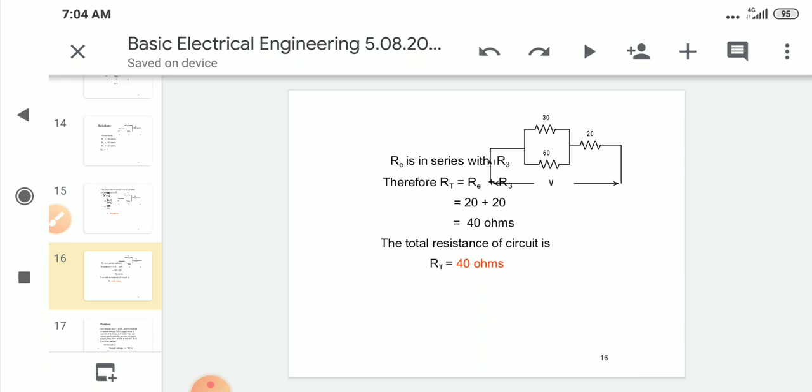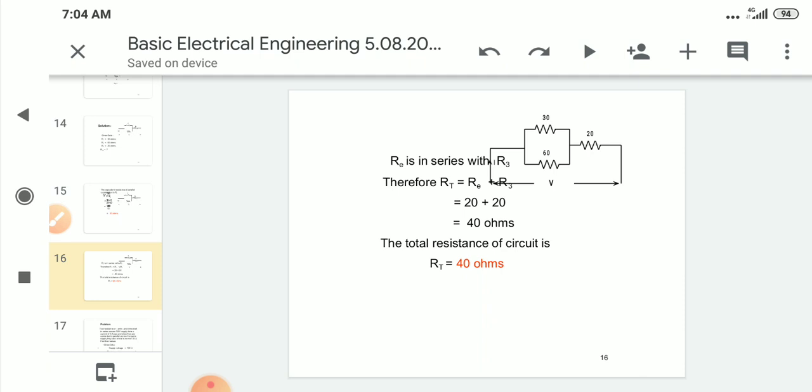Here if we are using the individual resistances of 30, 20, 60, we replace them with a 40 ohms resistance. Then our circuit complexity will be less and cost of the circuit will be less, and it is very simple to understand and to observe also.